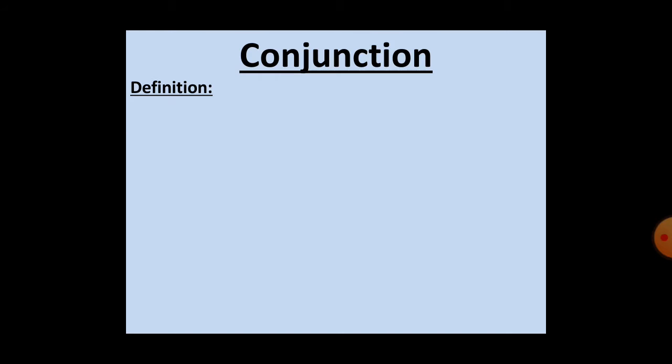We cannot connect or link a noun with a verb or noun with an adjective. Okay students, this is the major difference between conjunction and prepositions.